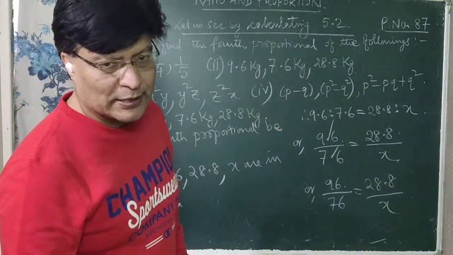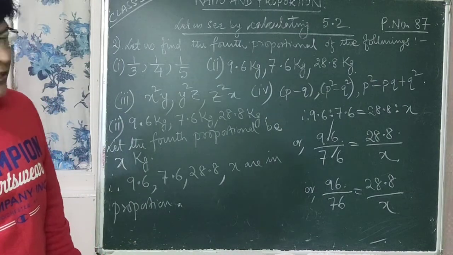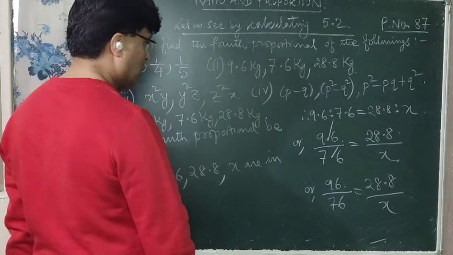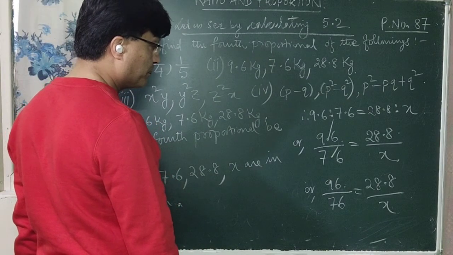96 divided by 76. By which number can you divide both 96 as well as 76? Let us divide by 4.